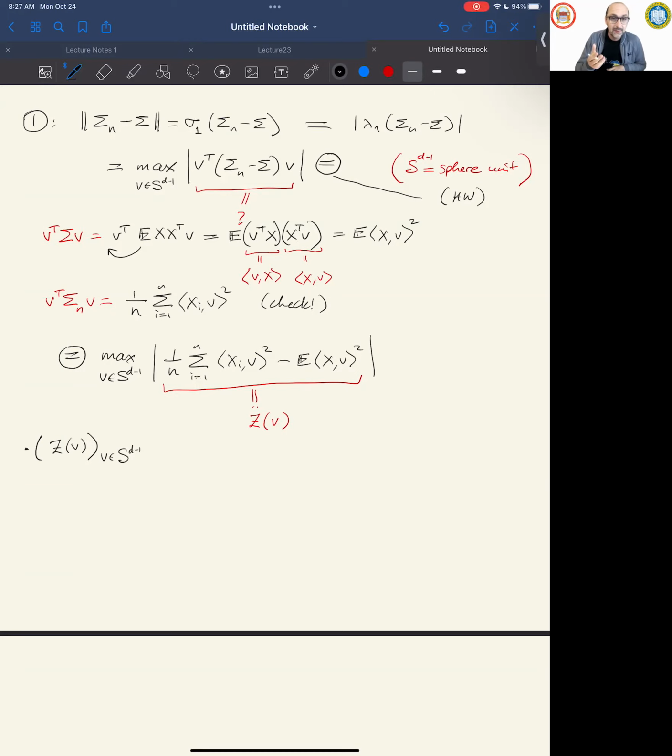What if v was time? What do we call a collection of random variables that are indexed by time? Random process, exactly, or stochastic process. So this is a random process or a stochastic process indexed by points in the unit sphere.